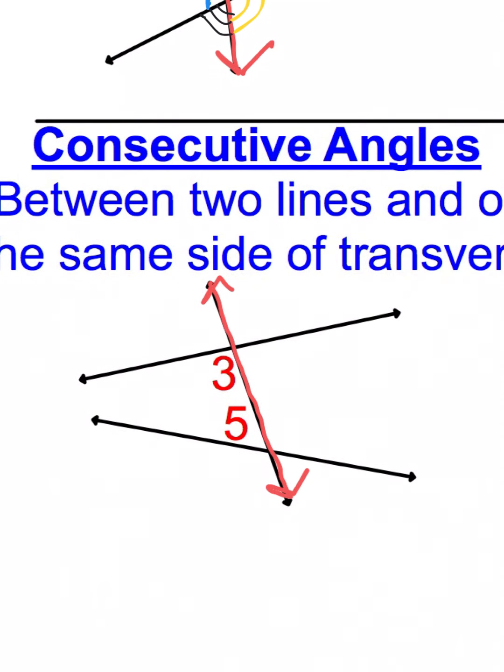Now, whenever you see the word consecutive, I want you to think C, the letter C. Okay? Because I want you to see the letter C. So if I look, angle 3 is using this angle.